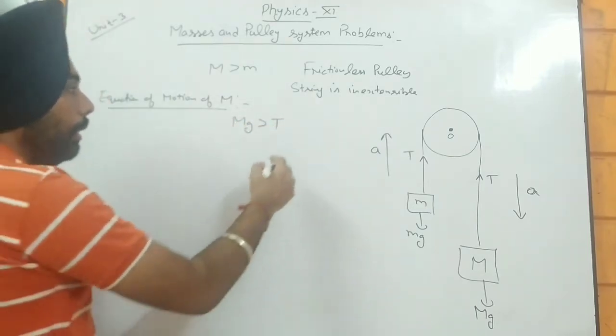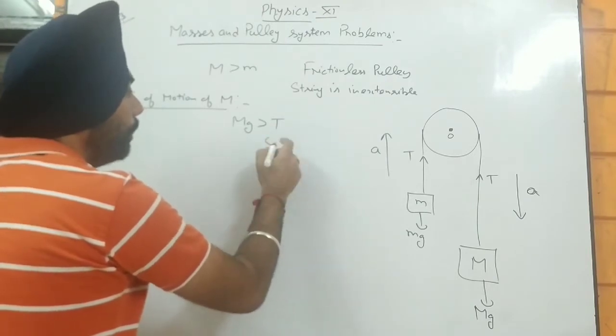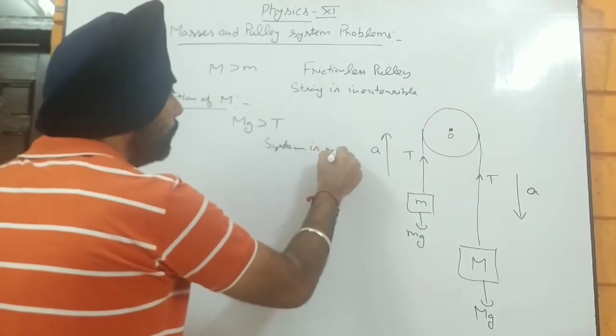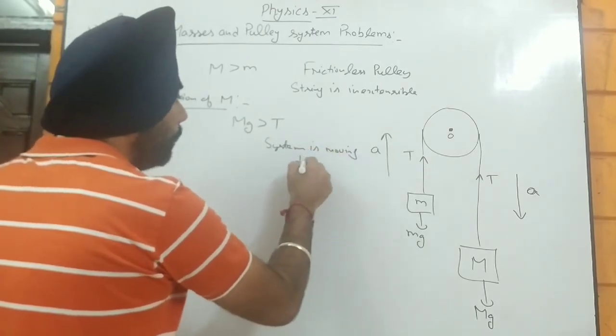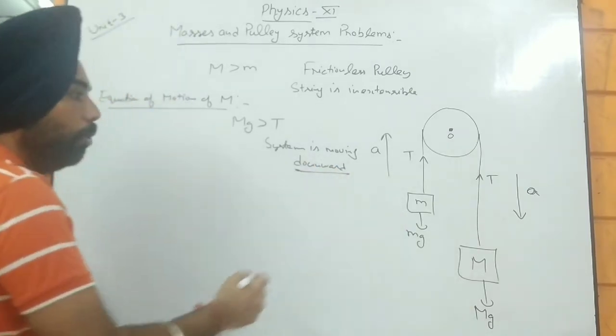That is why you can easily put down that the system is moving downward. You have to write that down.